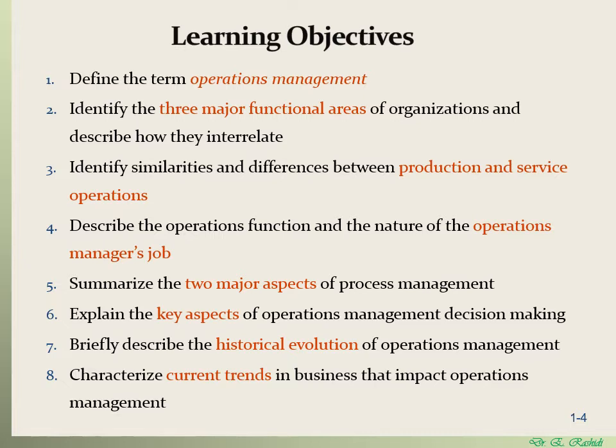We also learn about similarities and differences between production and service operations, the two types of organization that there are. One is the one that produces or manufactures a product, and the other one is the one that provides a service. We also learn about the operations function and the nature of the operations manager's job.